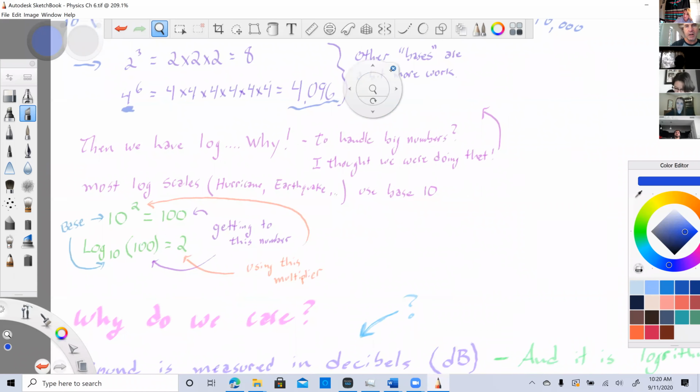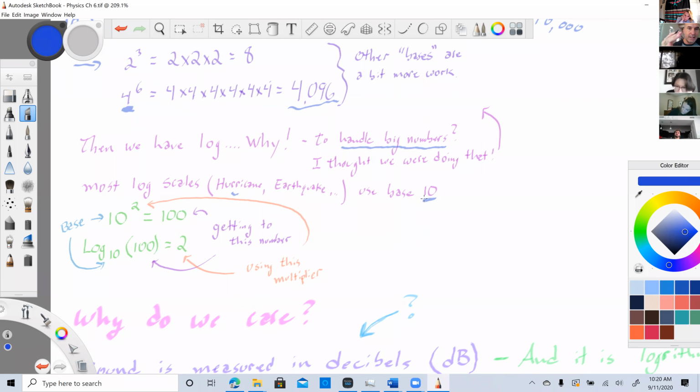So logarithm is simply there to handle really big numbers, so you're not writing out zeros all the time. Most log scales, the hurricane scale, the Fukushima earthquake, Richter, use base 10.